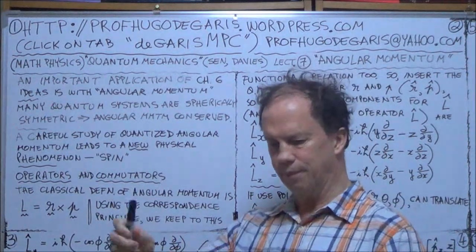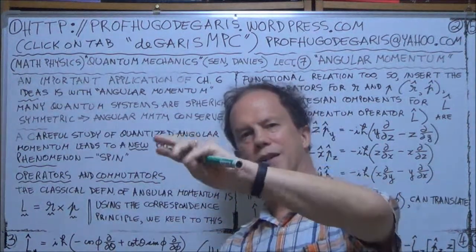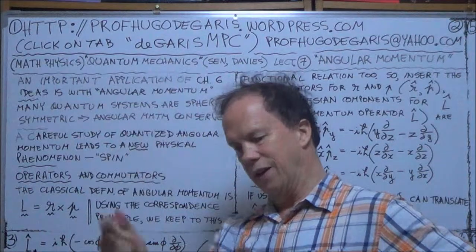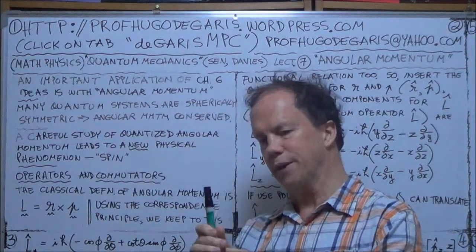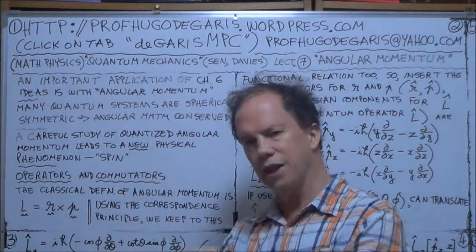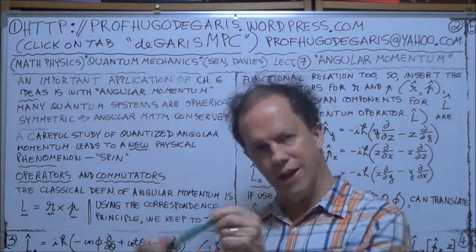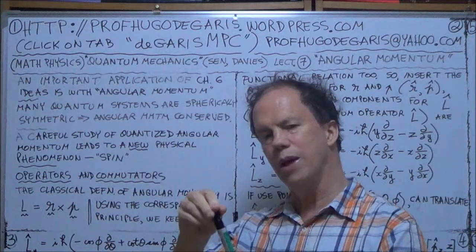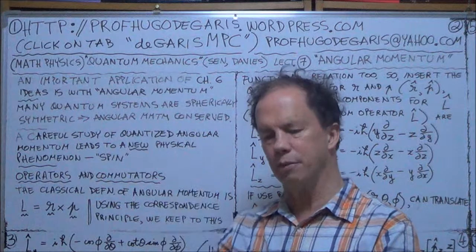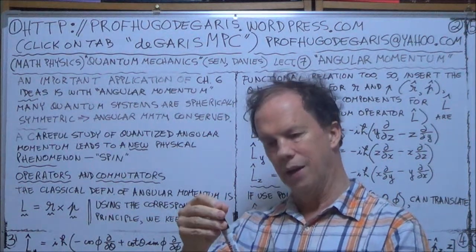Well, if you have a string and a weight attached to the string, and you're spinning this weight around, the angular momentum will be more. Say it's rotating at a certain angular rate. If the weight miraculously doubles, then the angular momentum should double.